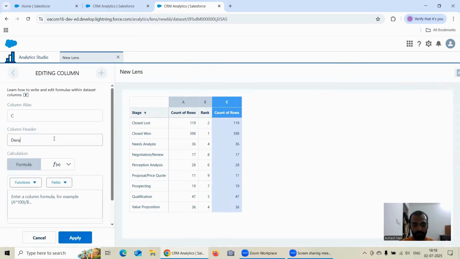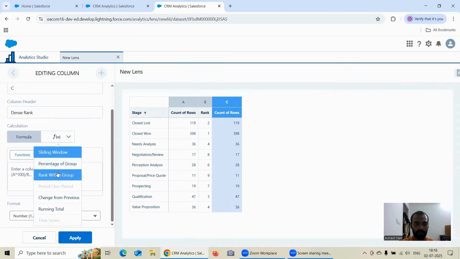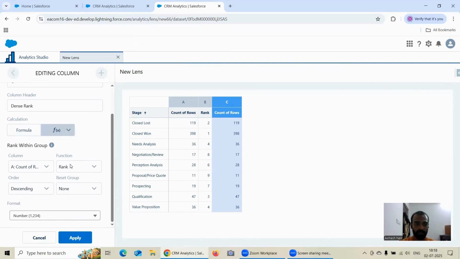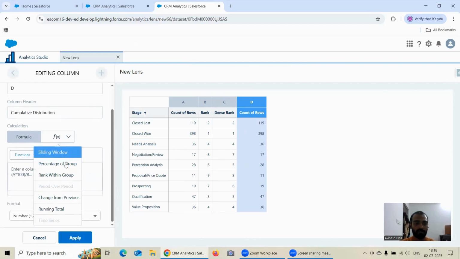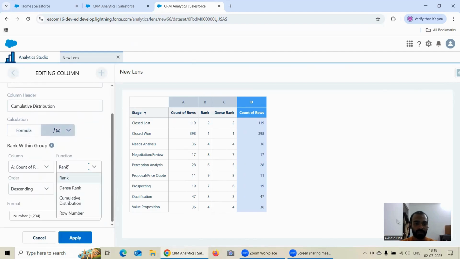Here I will add dense rank. Again I will go for that formula rank within group. So here again I will go for the function dense rank. Everything is done, and I will click on apply. So this is about dense rank, and then you have the cumulative distribution. Again I will go for this rank within group, and here it will be cumulative distribution.